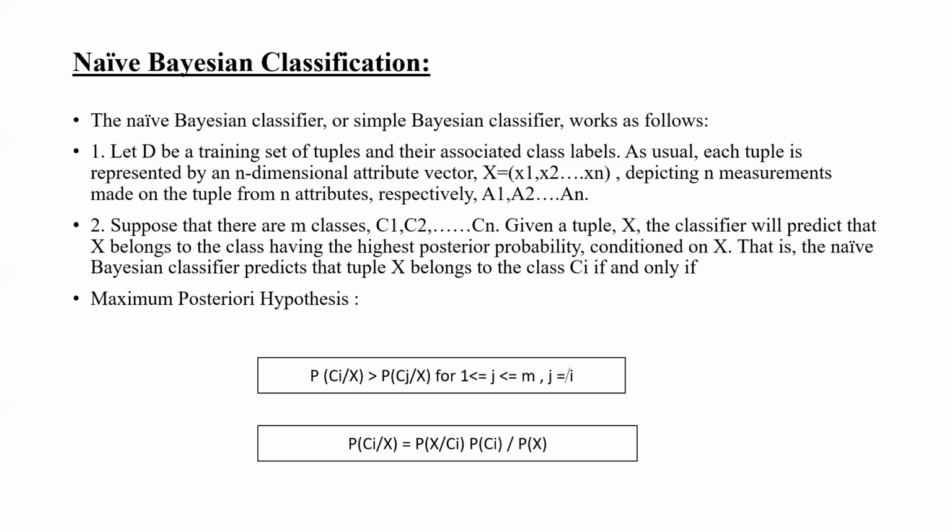Given a tuple X, the classifier will predict that X belongs to the class having the highest posterior probability conditioned on X. That is, the naive Bayesian classifier predicts that tuple X belongs to class Ci if and only if P(Ci|X) > P(Cj|X) for 1 ≤ j ≤ m, j ≠ i. So the maximum posterior hypothesis is given by the following formula.